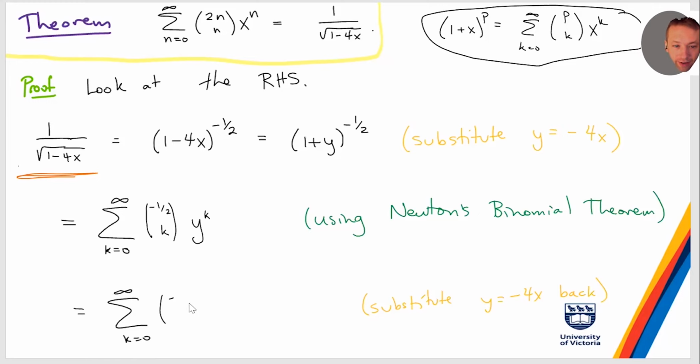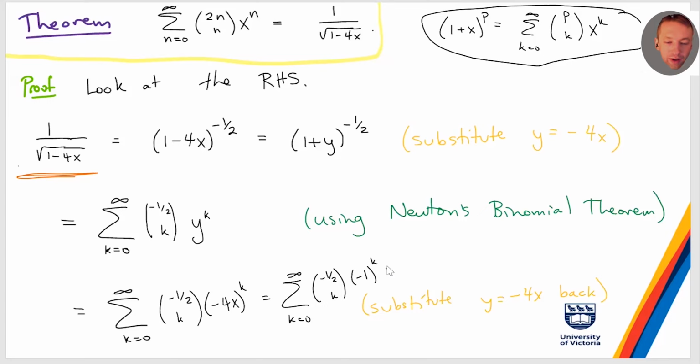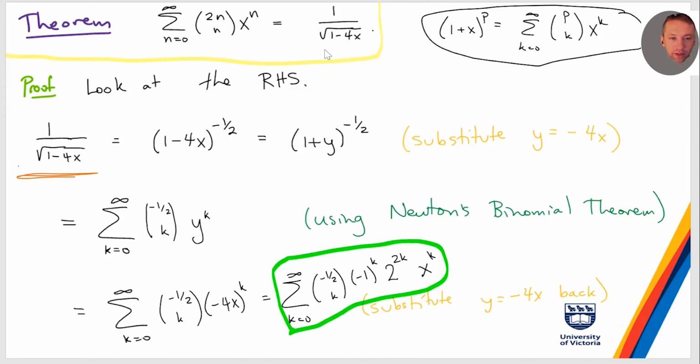So I get negative a half choose k, times negative 4x to the k, which is the sum k equals 0 to infinity of negative a half choose k, negative 1 to the k, and I'm going to write 4 as 2 to the 2. So it's 2 to the 2k x to the k. Not that it really matters.